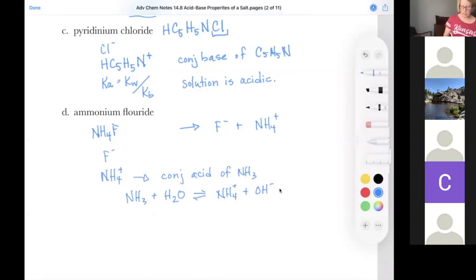For the conjugate of NH3, if we figure out the Ka using Kw over Kb, we find out that Ka for this reaction is 5.6 times 10 to the negative 10.